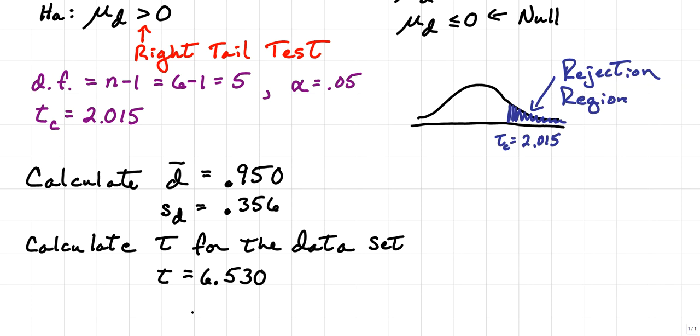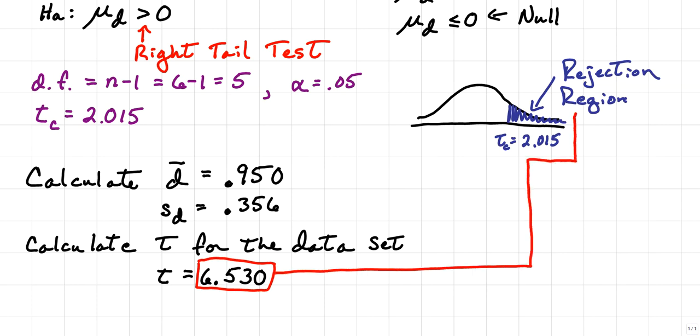And then we're going to decide whether to reject or fail to reject the null hypothesis and interpret the decision in the context of the original claim. So the first thing we're going to do is look at this value in comparison to the value that we obtained from the table. And we'll notice that this value falls firmly inside the rejection region.